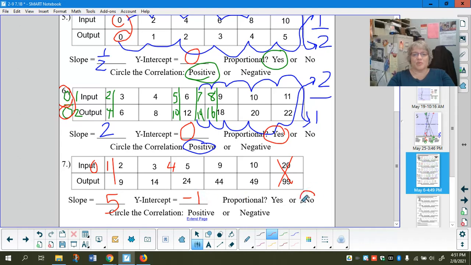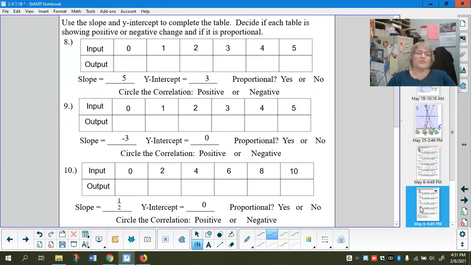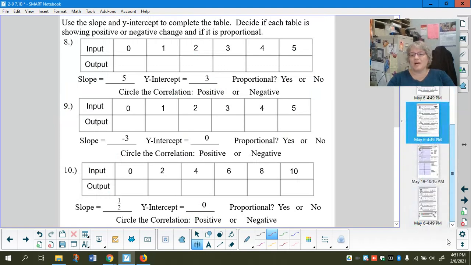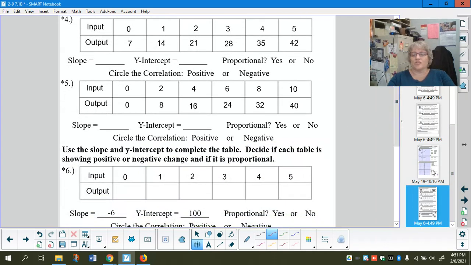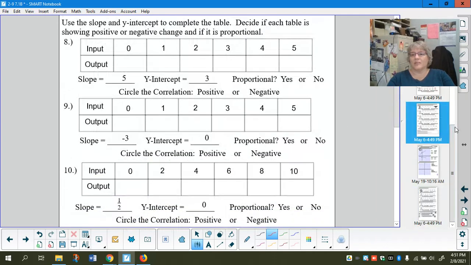It is not proportional, and it is a positive slope. Let me just verify that y-intercept in my head. -5 to 9, -5 to 4, -5 to -1. Yep. All right. So here you could pause, go to the homework, and do numbers 3, 4, and 5 on the second page. Okay, back over here.